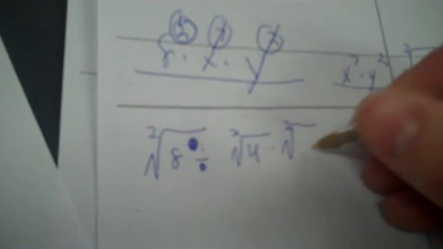So you write 4 and 2. So that becomes 2. And that 2 goes to the front. That 2 there is inside the radical. So I got the radical 2 with 2, and I've just got a 2 times an x to the 7th times a y to the 2nd.